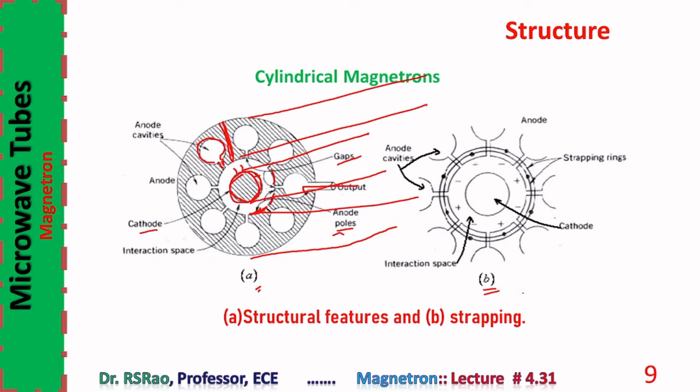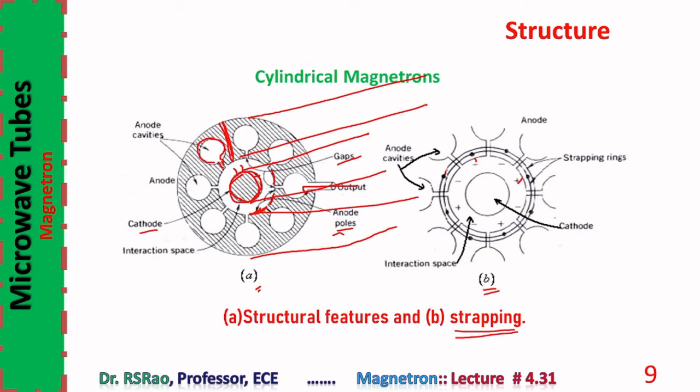This diagram is shown mainly to illustrate the process of strapping. First, what is strapping? It is the connection of alternate poles through a ring. Here two rings are used, one inner ring and another outer ring. Alternate poles are connected by the inner ring, providing conductive connectivity between them, and the outer ring also provides connection between alternate poles.